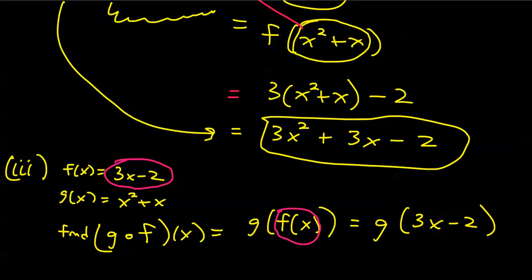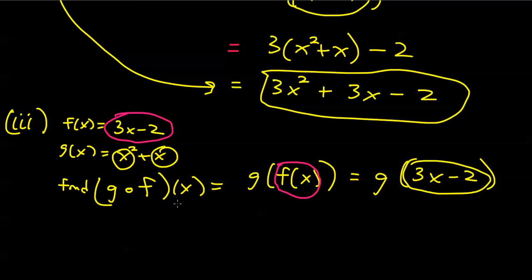Now the expression 3x minus 2 becomes the input into the g function. Wherever I see an x in the g of x statement, I plug in the expression 3x minus 2. Let me put that in green.